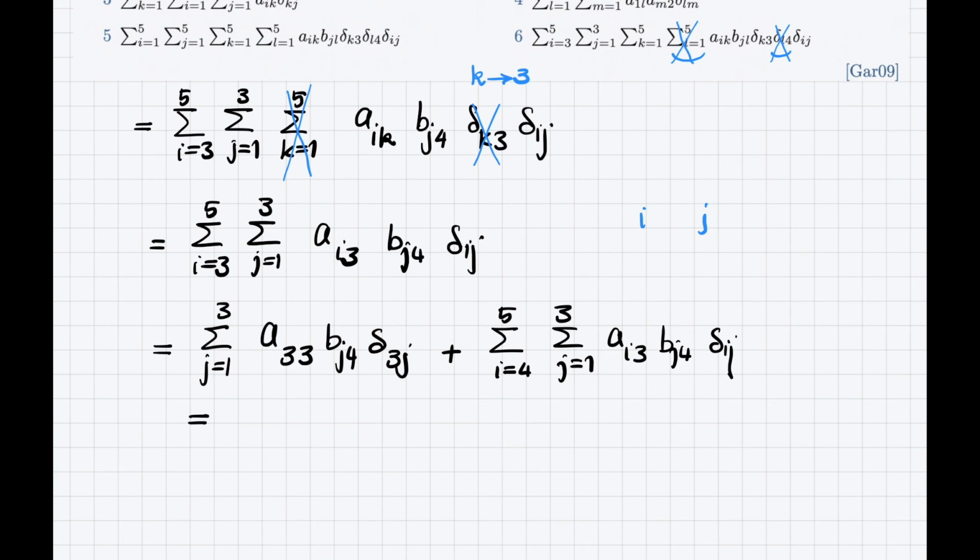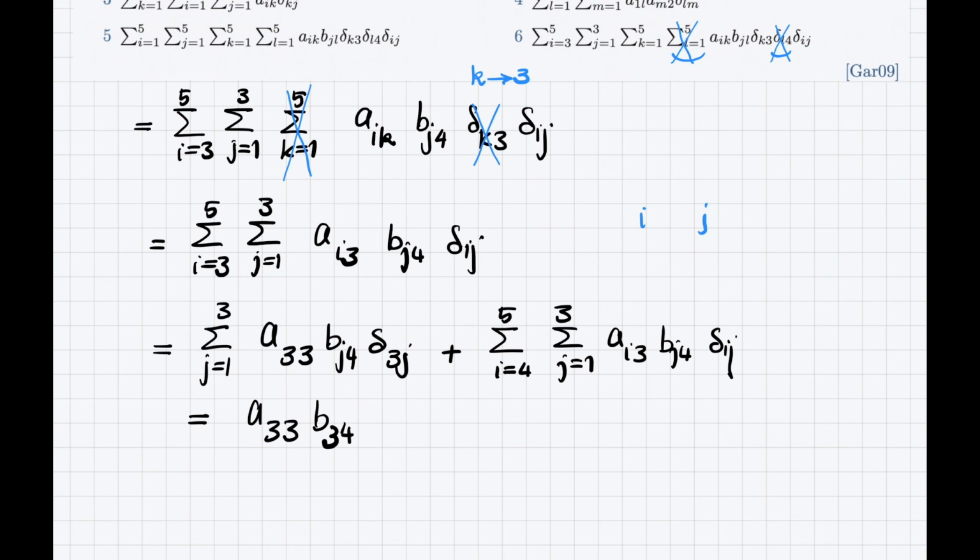Let me repeat it again. This and this are eliminated. So what is left for me is a_33 b_j4, but I am supposed to replace j with 3 everywhere. Why? Because 3 is in the range of my sigma. So I need to clean this j and write 3 instead. So this becomes just b_34.